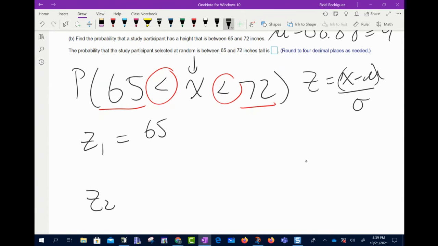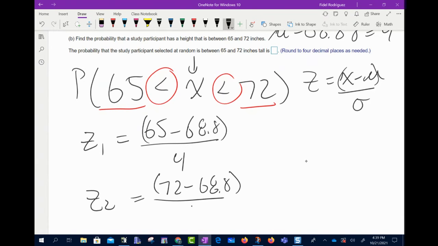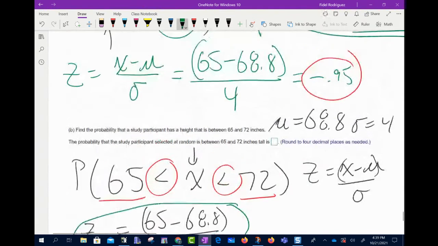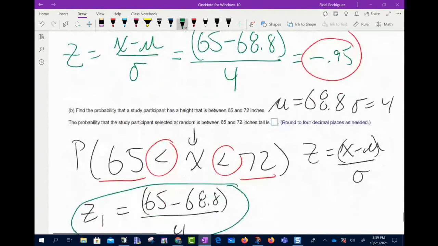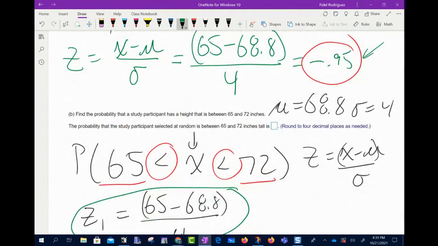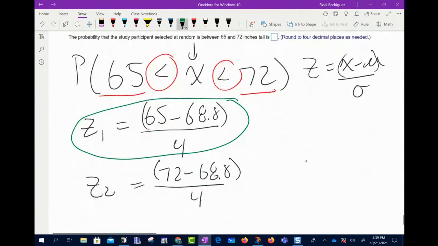And so Z1 is going to be when we take 65 minus 68.8, and we divide it by 4. And Z2 is going to be when we take 72 minus 68.8 and divide it by 4. But I think, if I'm not mistaken, we just did this in part A. So yeah, look, we did that already in part A, and we came up with a negative 0.95.